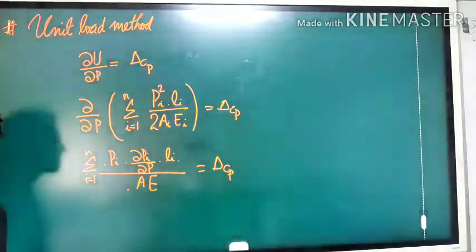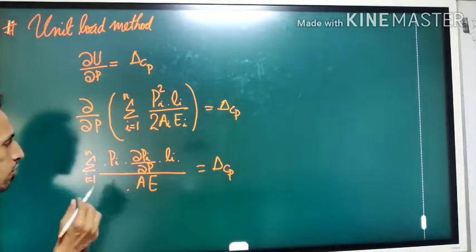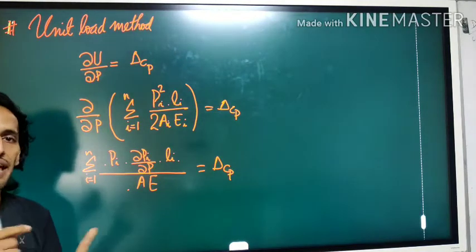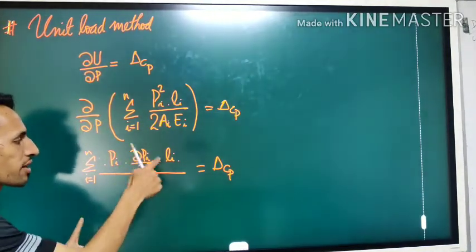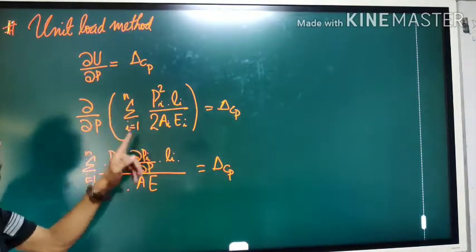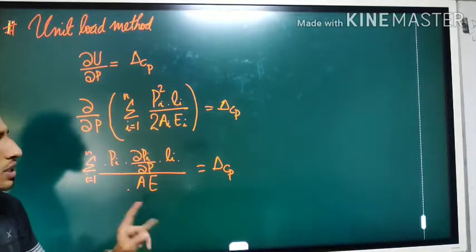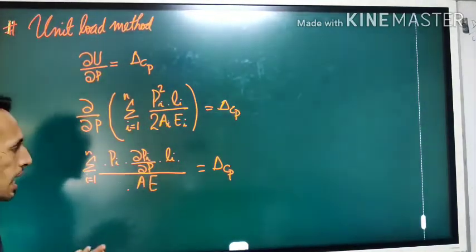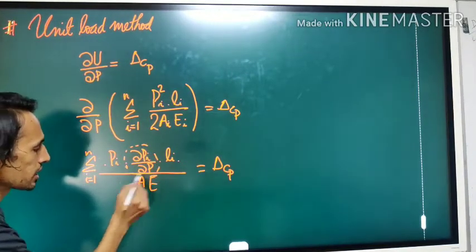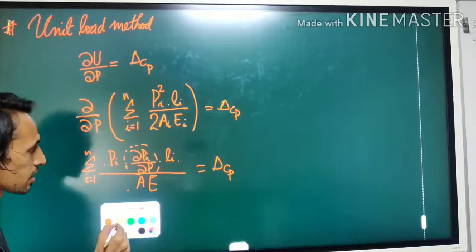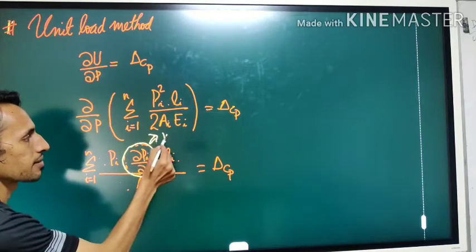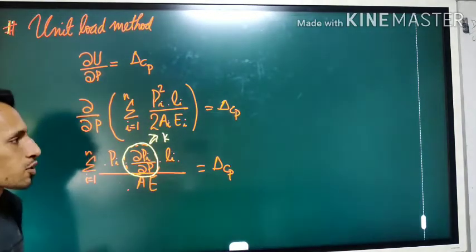Now you see Pi is the force in every member, and this is the differentiation of force with respect to P. In the unit load method this can be reduced to a better form, and this term is written as K. What is K? We will come to that.